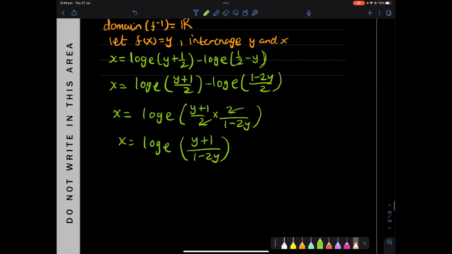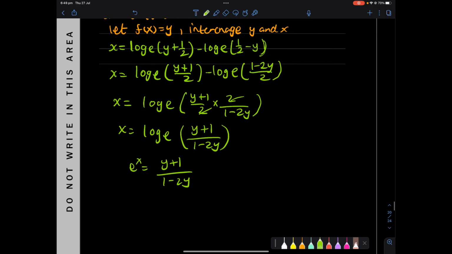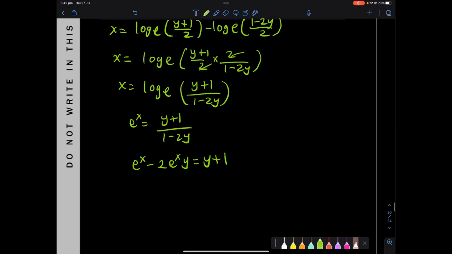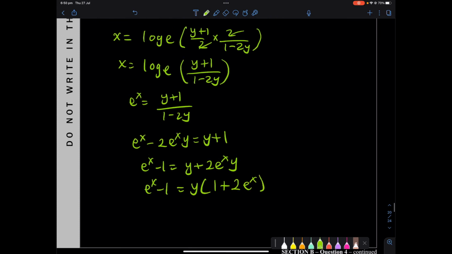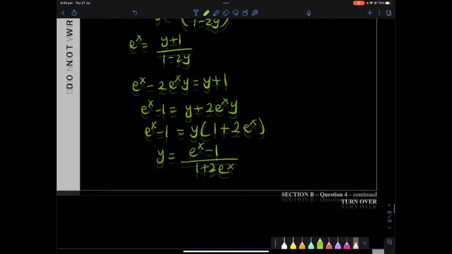So e to the x equals y plus 1 over 1 minus 2y. Expand that: e^x minus 2e^x y equals y plus 1. Bring that e^x minus 1 equals y plus 2e^x y. Take y out, so it'll be 1 plus 2e^x. So y is therefore e^x minus 1 over 1 plus 2e^x. All right, that's your rule.